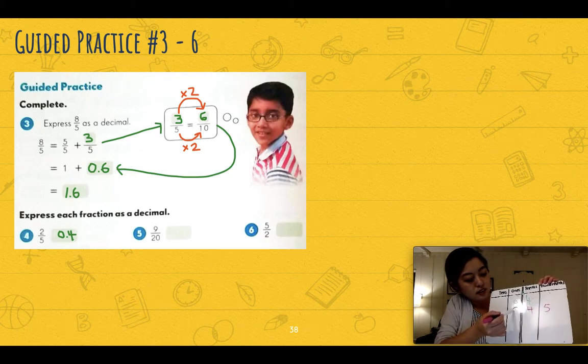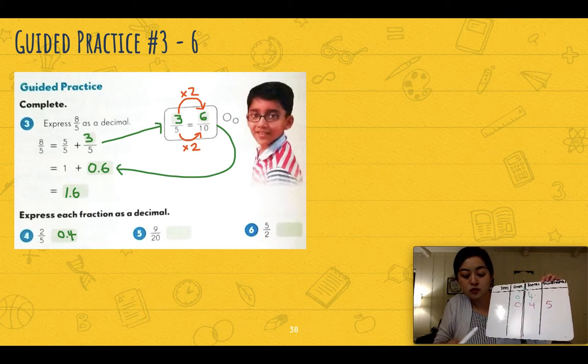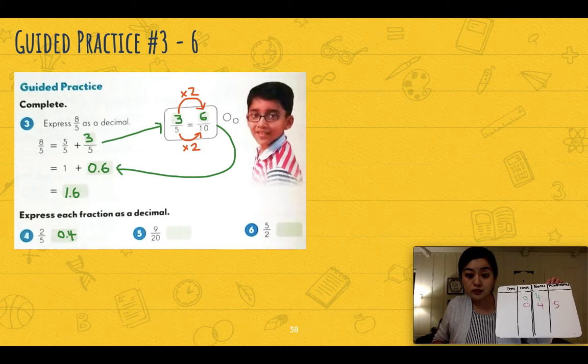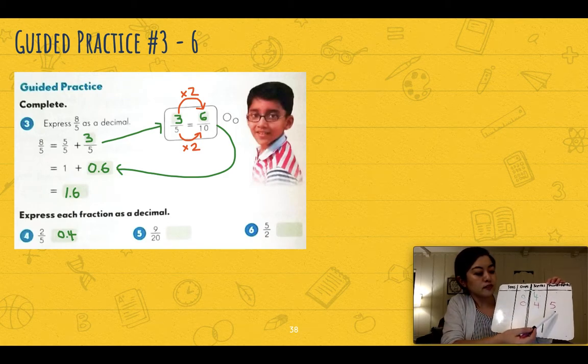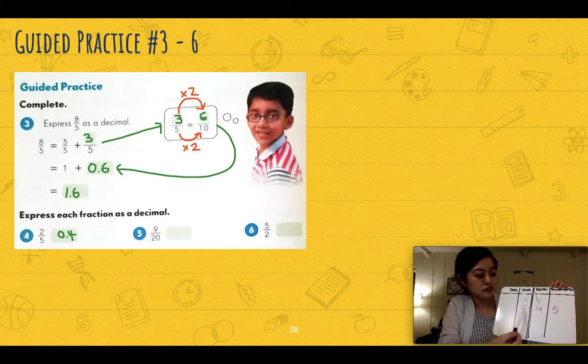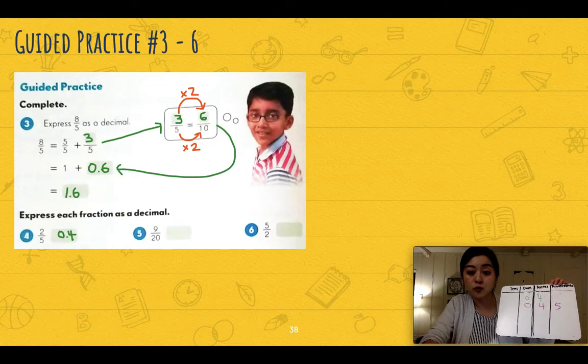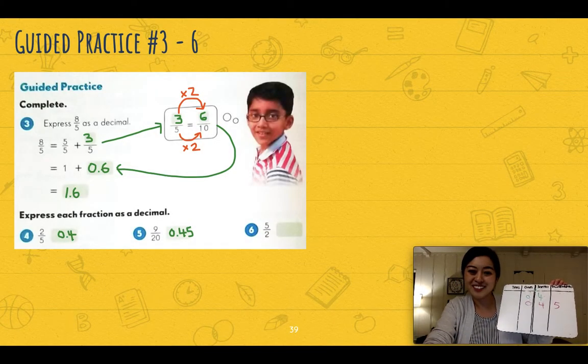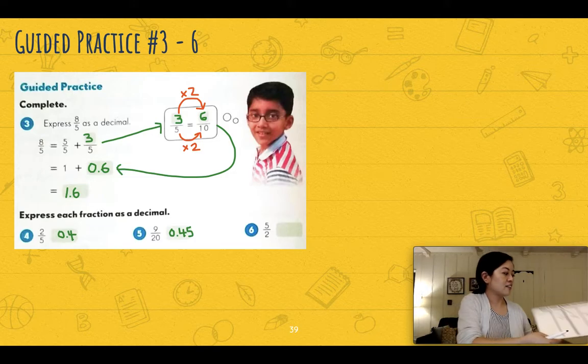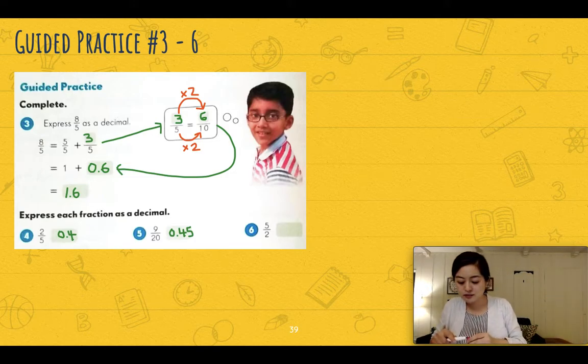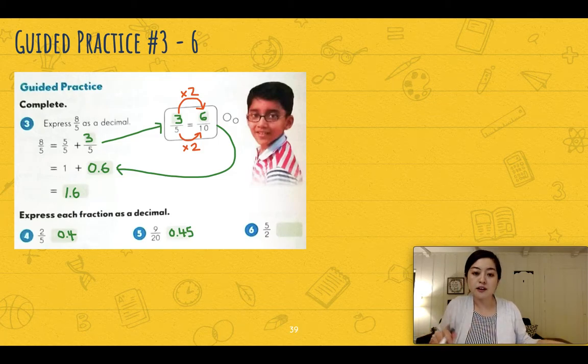Okay, and my 0 goes here. So 9 twentieths is equal to 45 hundredths, which is equal to 0.45. Like so.